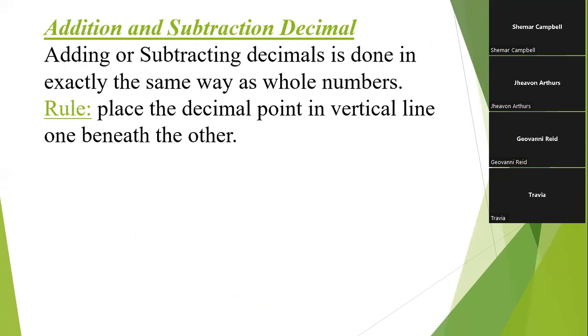Now we know that in adding and subtracting decimals, you have some rules that we need to follow. We generally add them in the same way that we add whole numbers, except we need to place the decimal points in vertical columns beneath each other when we're adding.